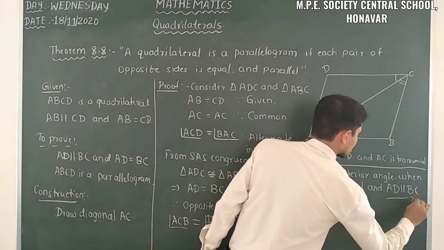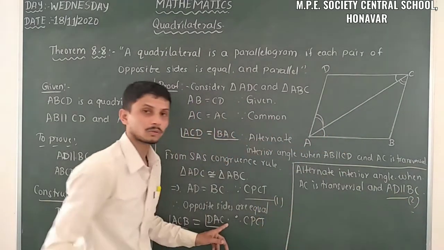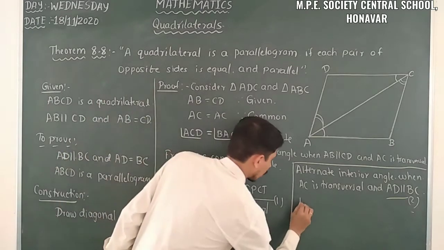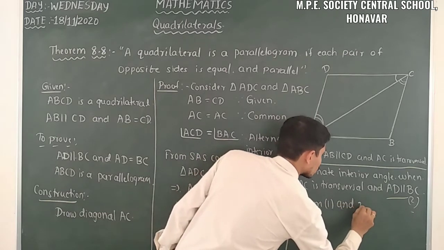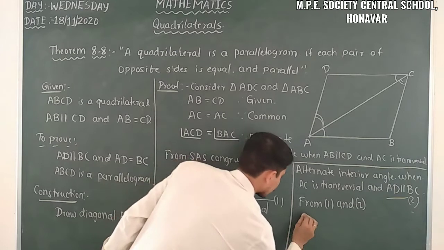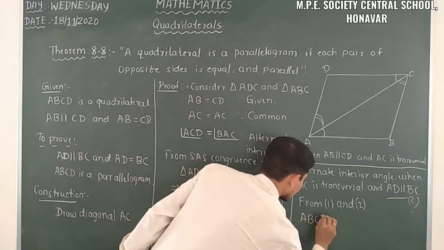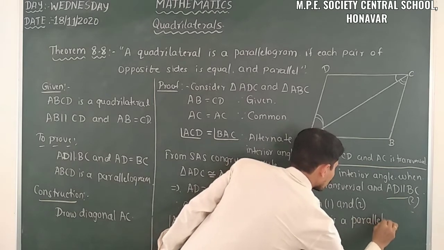I will take this as equation number 2 and the earlier one as equation number 1. So from equations 1 and 2, we can conclude that ABCD is a parallelogram.